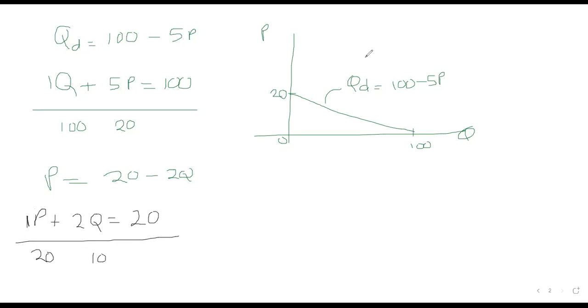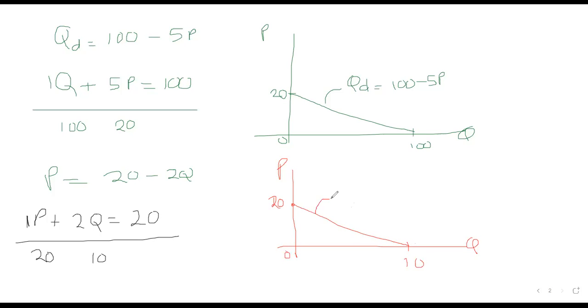Then how do we plot this? So the P on the y-axis and the Q on the x-axis. Then on the P we cut 20 there. 20. Then on the Q, 10.